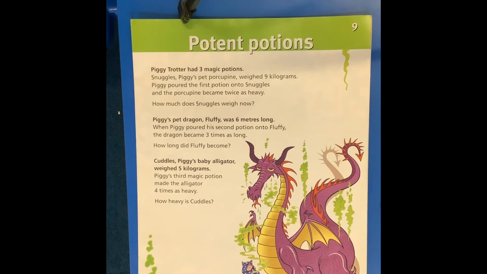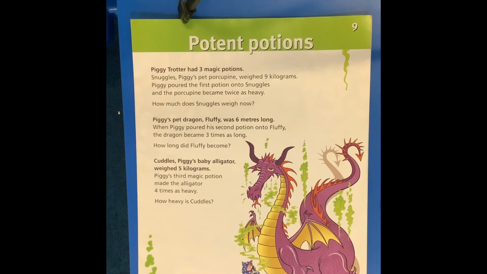So today's problems are all about potions, and this little piggy who's called Piggy Trotter, you can see him at the bottom of the page with his potion, and he's got lots of pets. So we're going to tackle these problems as examples one at a time, and I'd like you then to use what you've learnt by listening to me to solve your own sheet of problems.